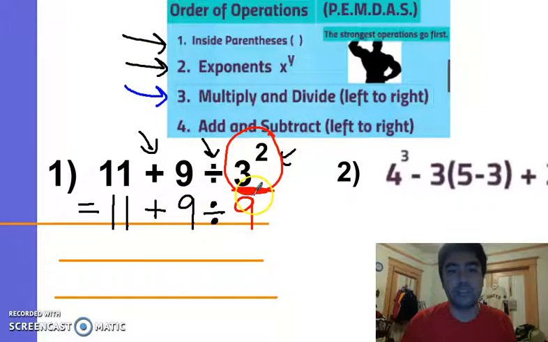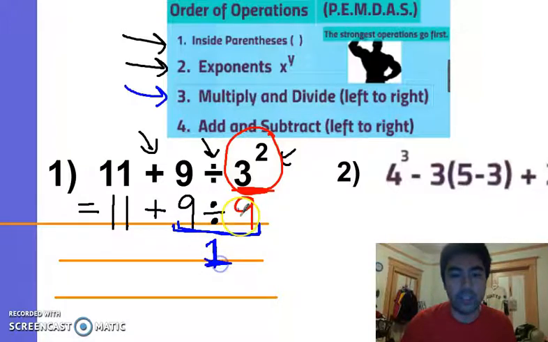Yes, I see it right here. So the next thing I'm going to do is 9 divided by 9, which is just 1. So I'm changing that expression, 9 divided by 9, to a 1.